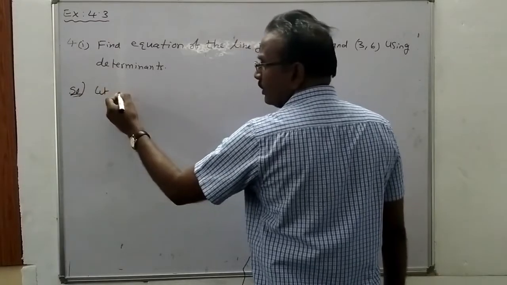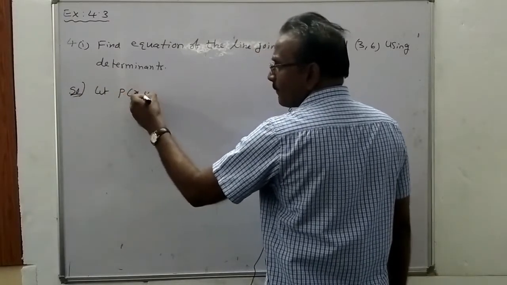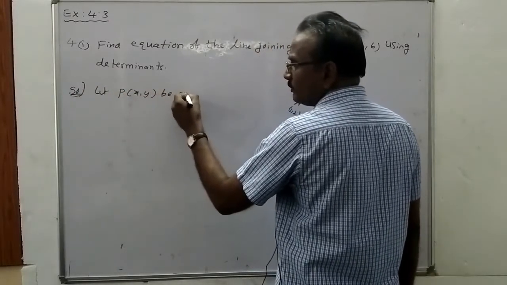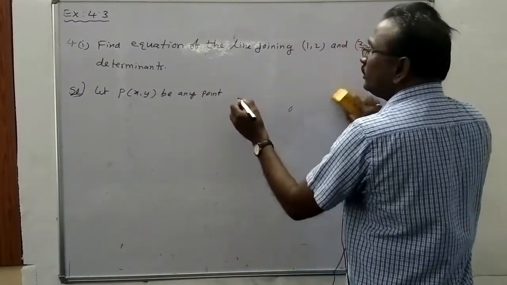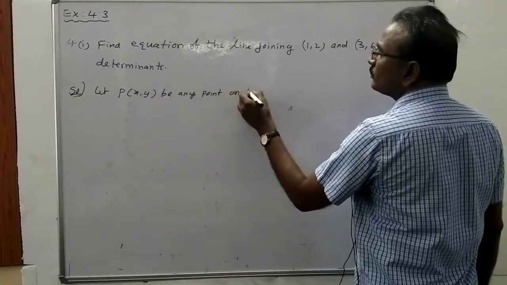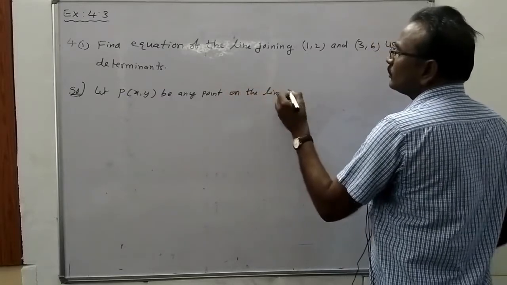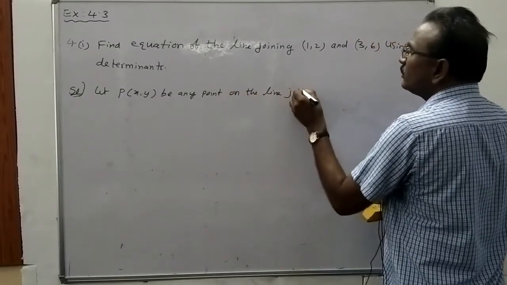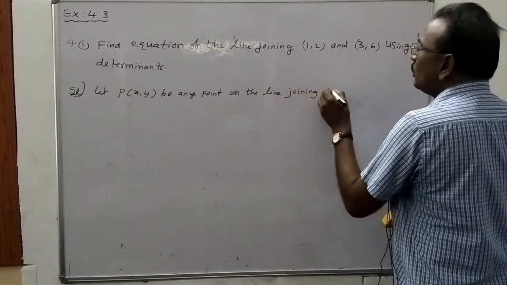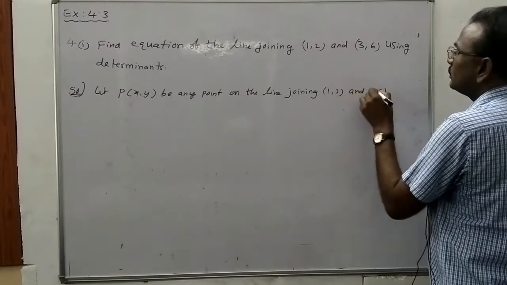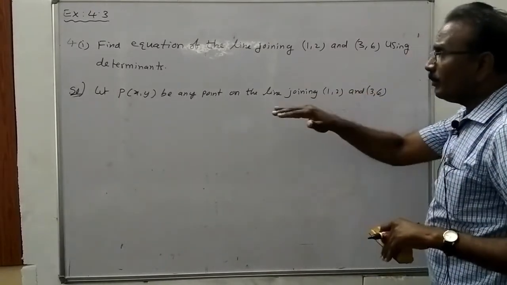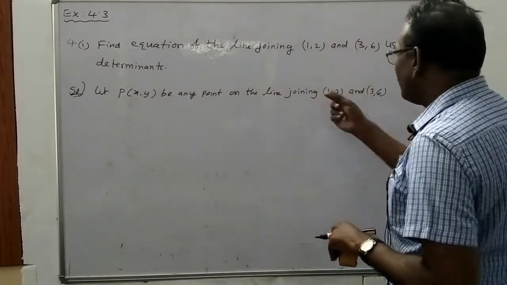Let P(x, y) be any point on the line joining 2 points (1, 2) and (3, 6). That means P is a point on the line joining these 2 points.